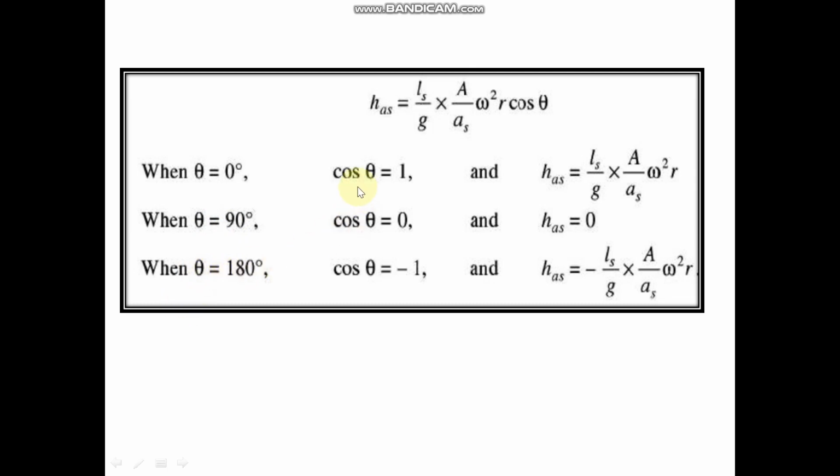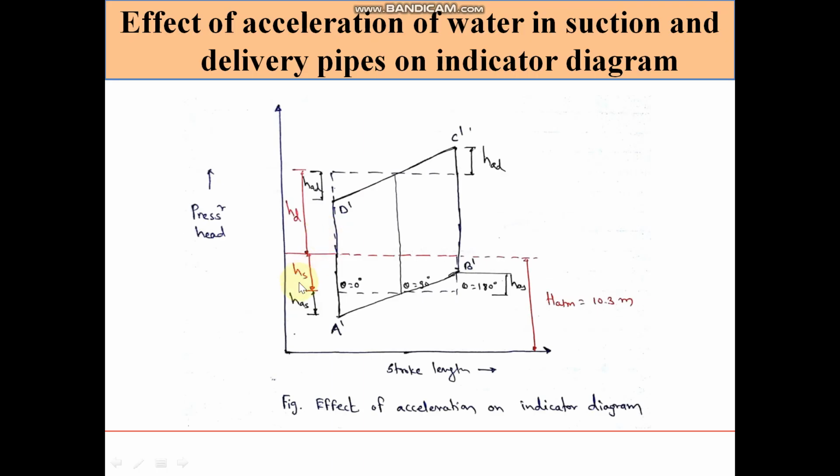So let's put this value here. Cos theta, that is cos 0, is 1. Therefore acceleration head becomes Ls upon g into A upon As into r omega square. So here acceleration head of water in the suction pipe is positive, means this value should be added here in the HS.